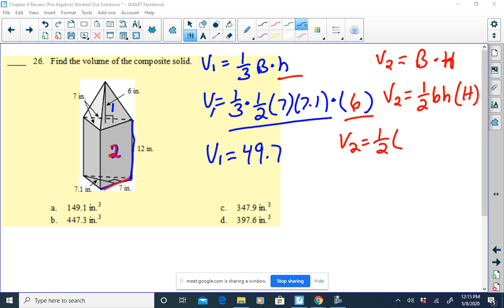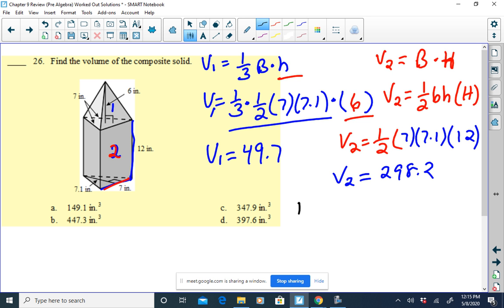So we have 1/2 base times height, which is 7 times 7.1, and then the height is the 12. Yep, that's right. And then volume 2, when we multiply 1/2 times 7 times 7.1 times 12, is going to be 298.2.